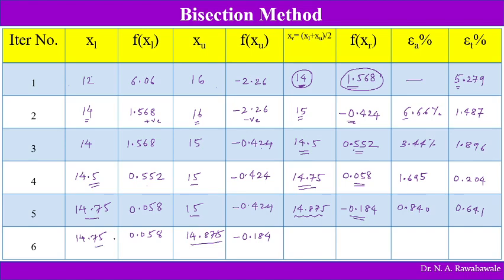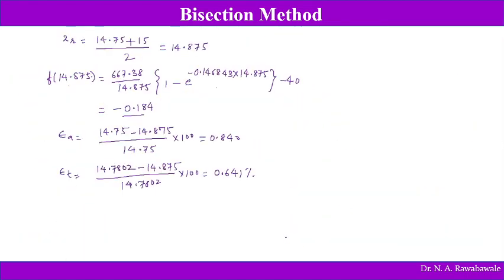14.875 and 14.75, gives us a revised root or new approximation we can call as XR, which is equal to 14.75 plus 14.875 divided by 2, which is equal to 14.8125.